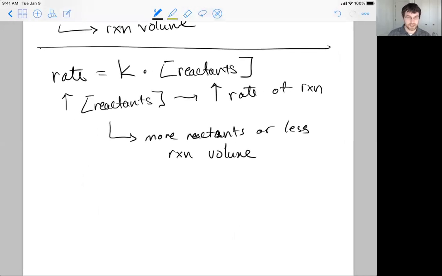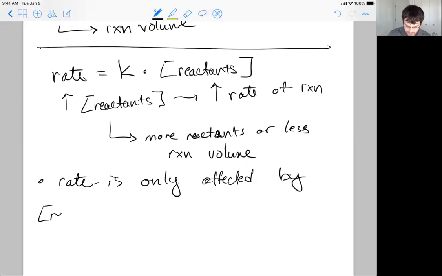Not worrying about the numbers directly, like whether it's a 1 molar or a 2 molar solution, the kicker is that rate is only affected by reactant concentration, for reactants involved in the rate determining step.